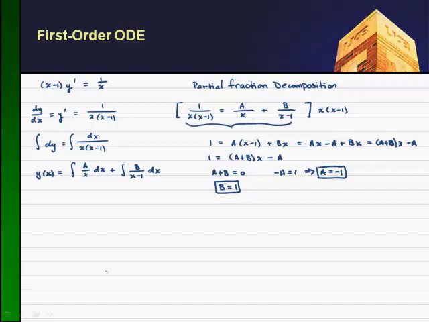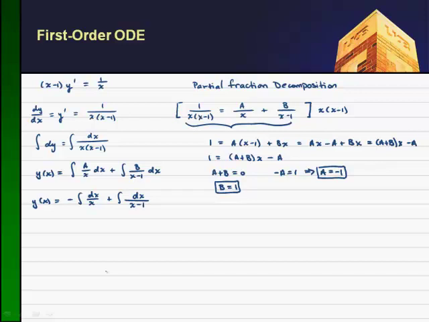I already know a and b, so I can write y of x, and this step is not necessary, you could have already substituted in a and b. It gives me the negative integral of dx over x, because a is negative 1, so I just put the negative 1 on the outside, plus b. Well, b is just 1, so I get plus the integral of dx over x minus 1.